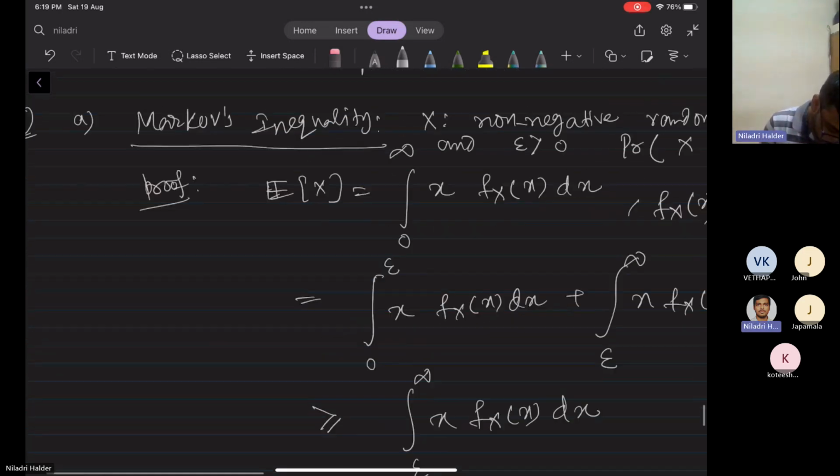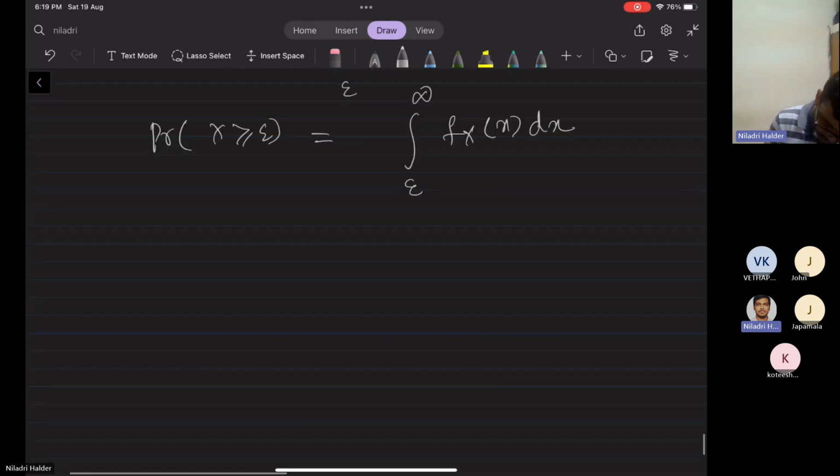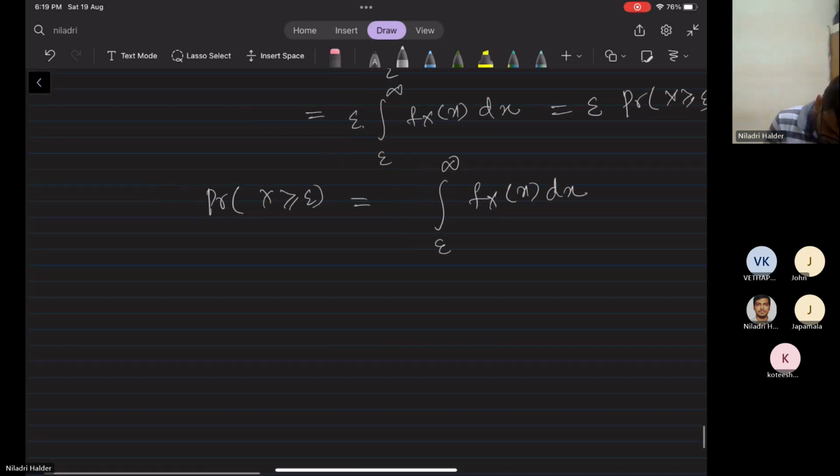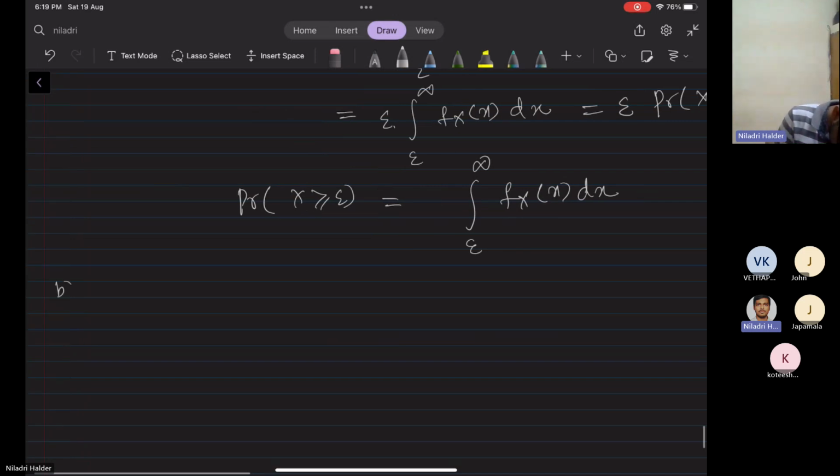One more inequality is the second one, the Chebyshev inequality.